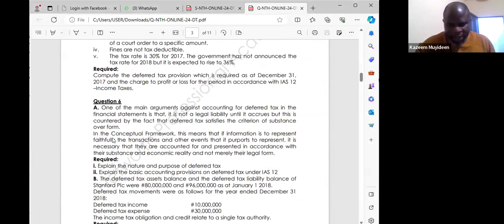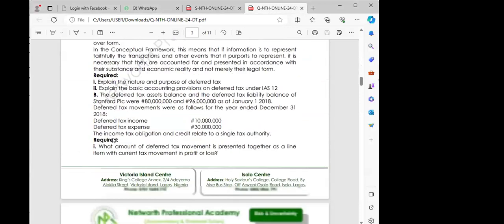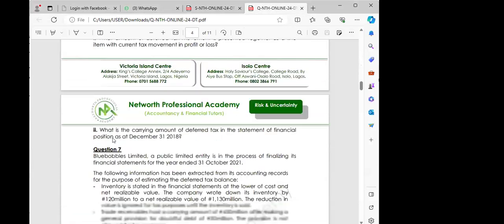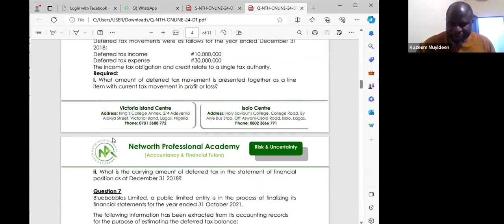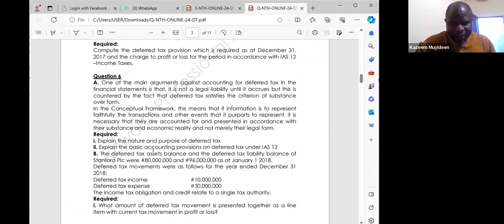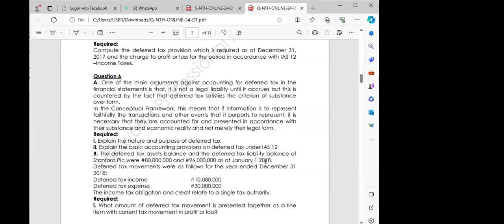One of the questions said, this one is the same question, and they put 5 marks. For the calculation I was just laughing. Look at what they say. The deferred tax asset balance and the deferred tax liability, 80,000 as at the beginning of the year. I said, I will sum it.